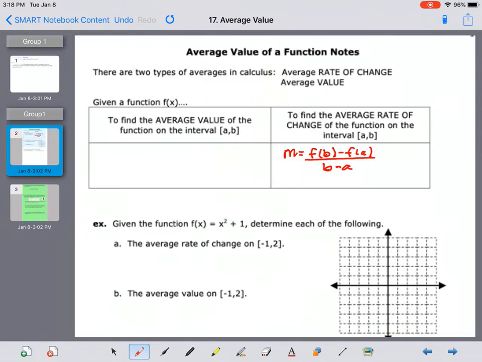So when we find the average rate of change, that's the key, we're using our slope formula. So kind of the way we do when we estimate a derivative, we go back to where we started, which was with our slope formula. Now when we find the average rate of change of a function, what we're really doing is finding the slope of our secant line.